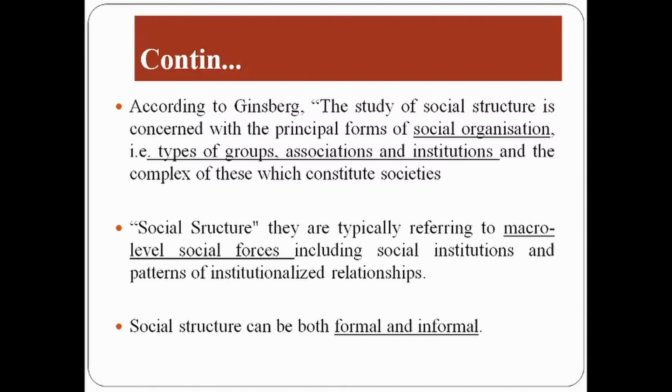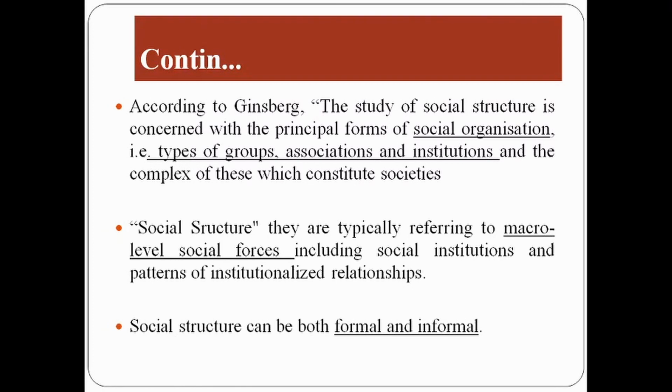So it's more about the principal forms of social organization. Social structure typically refers to macro level social forces, including social institutions and the patterns of institutionalized relationships.